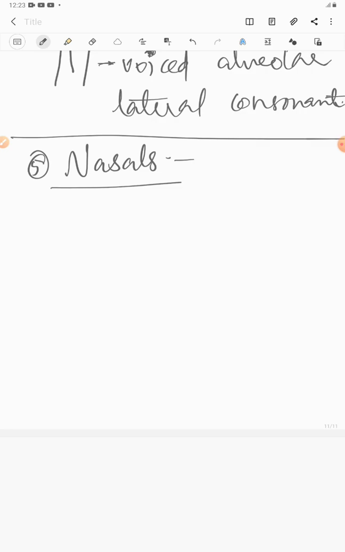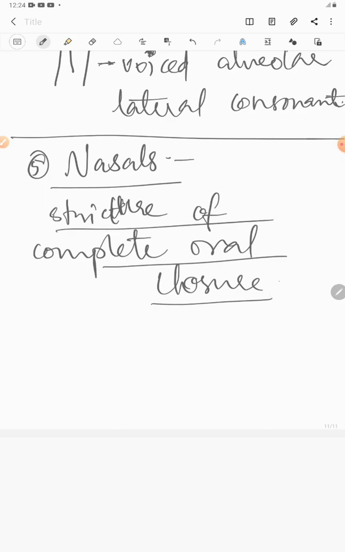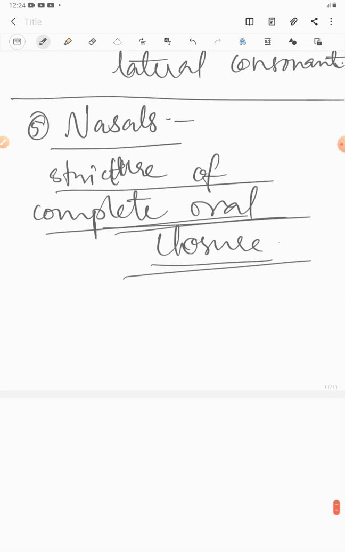So nasal consonants are those articulated with a stricture of, what kind of stricture? A stricture of complete oral closure. The air never escapes through the mouth.